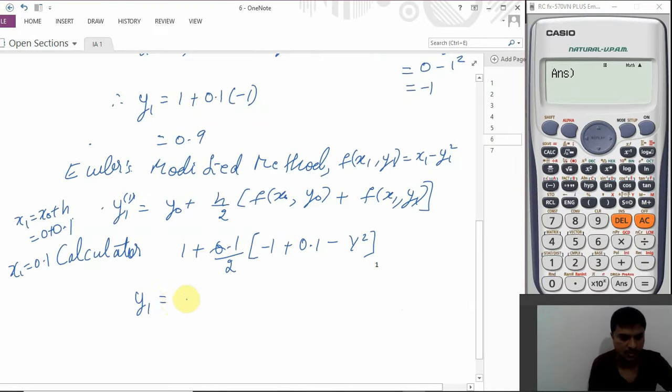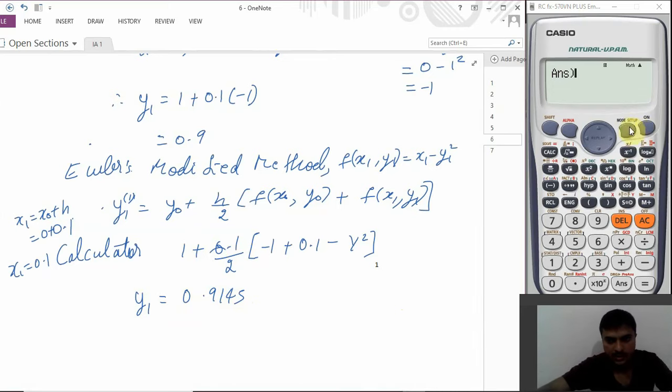Again, it is asking equal to. The previous value is 0.9145 equal to, yes students, you can see here I am getting the next y2 value, it is 0.91318. This process will be repeated till you get the approximate value.